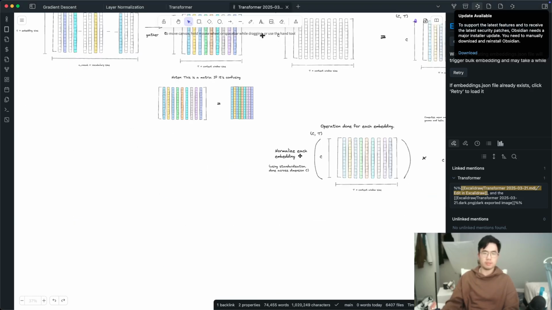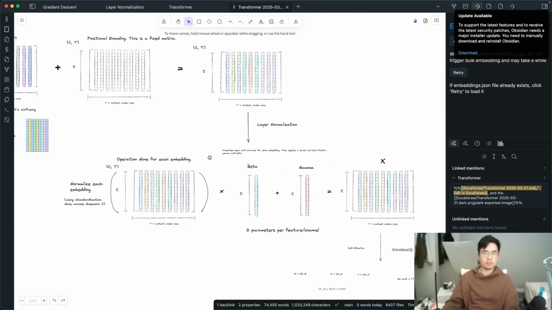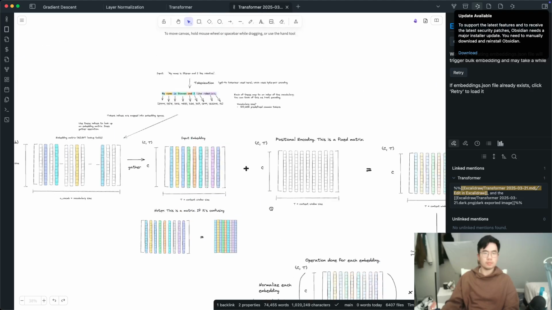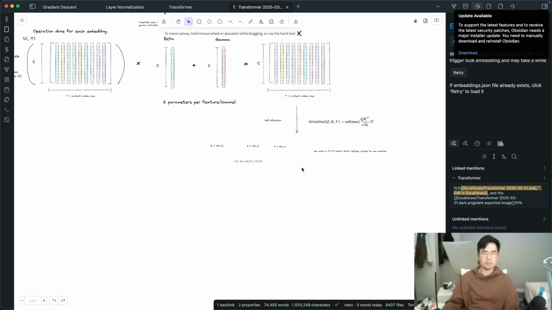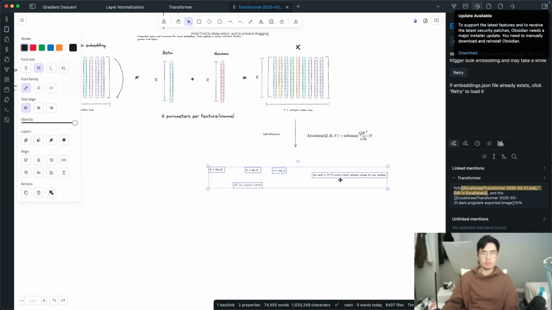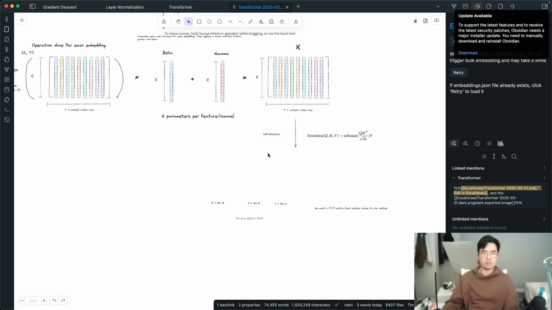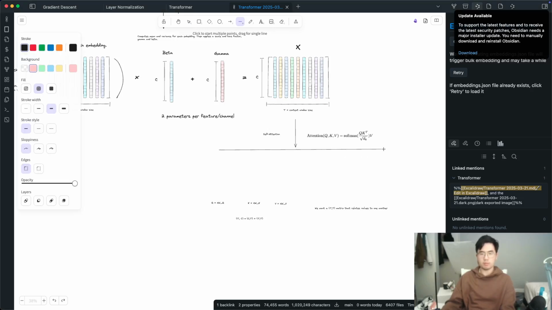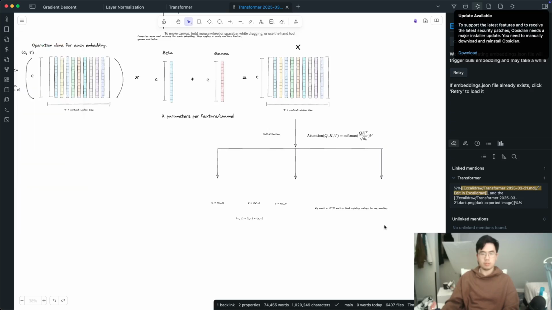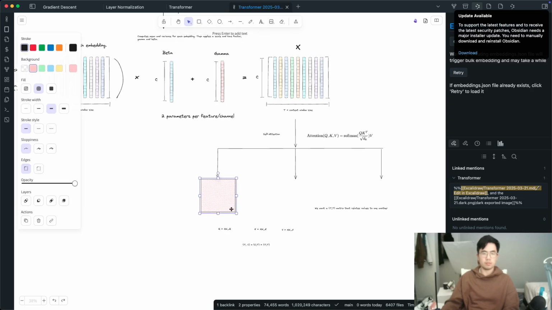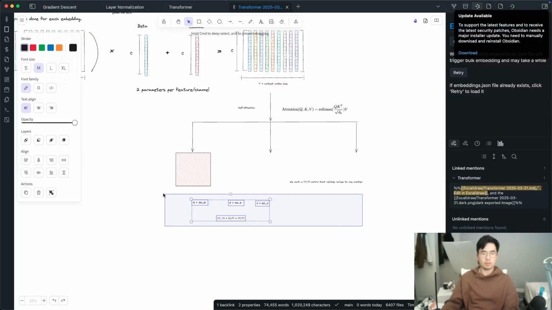Watching this, I feel like my diagrams are not that great anymore. Like, it's actually fine to just use. Yes, this is great.